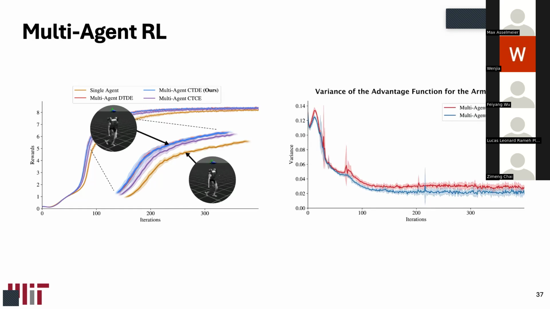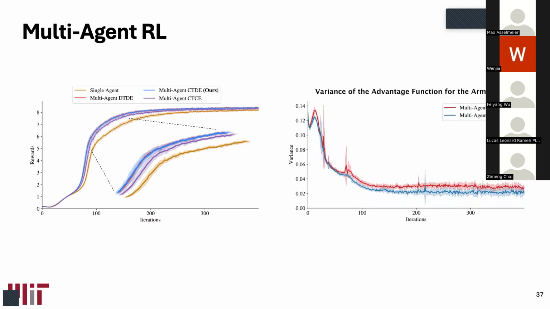The advantage function is used in RL when you calculate the policy gradient; you take the gradient of the advantage function, which is a kind of value function. And the variance means how reliable that gradient signal is. So the smaller the variance is, the less jittery the signal is, meaning that you can trust this gradient information much better.